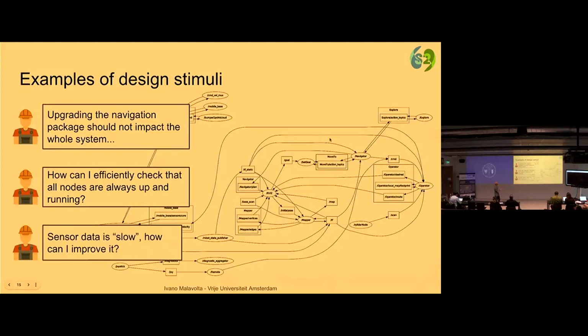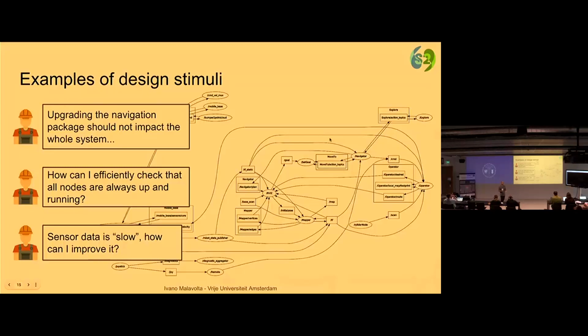Or we can ask questions like this: sensor data is slow, how can I improve it? Are there ways in which, still fixing the functional side of my system, so it still does exactly the same things, internally it is organized in such a way that I'm improving its performance? And improving the performance here, I'm talking about doing it from an architectural perspective.